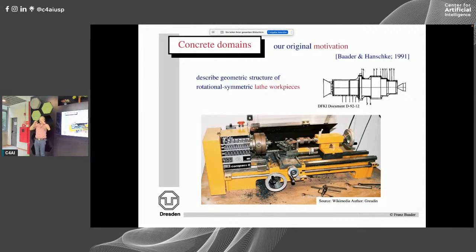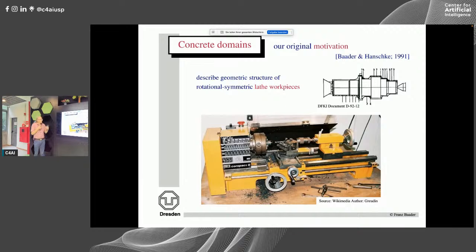It's basically something that's round and where you have grooves in there, and you produce this with a lathe machine, which is this yellow thingy here. And these machines are controlled by something called CNC programs.